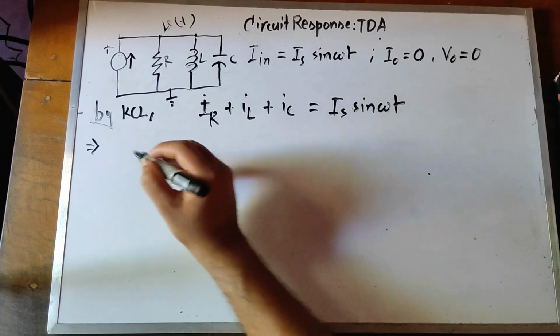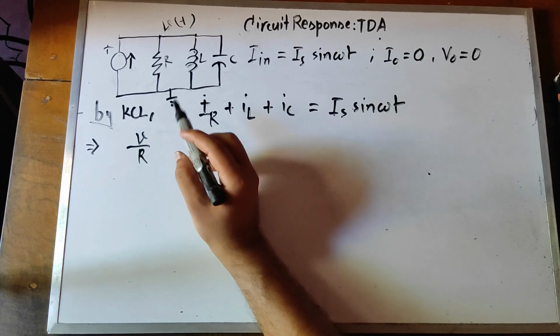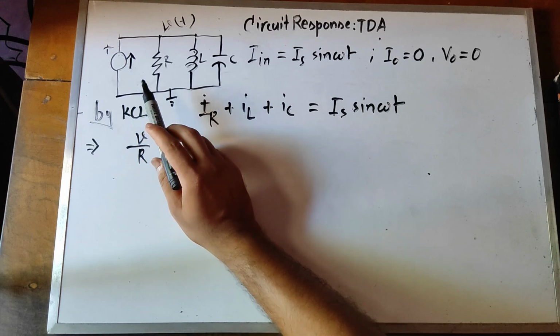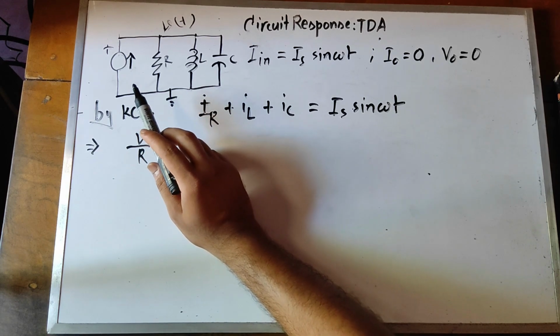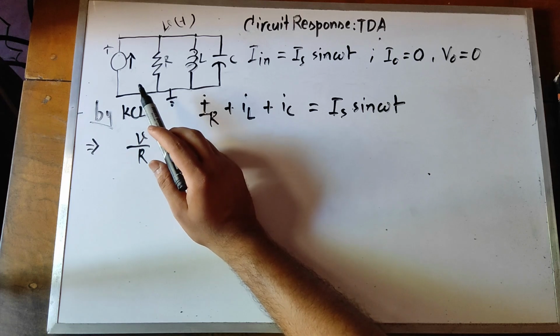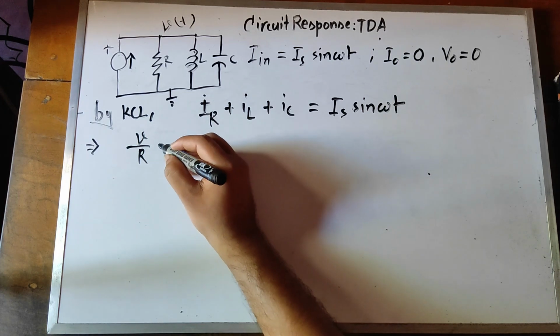So it will give me IR is V by R. V is the response. So if my excitation is a current source, a current input, my response will be voltage. There's no doubt about it.